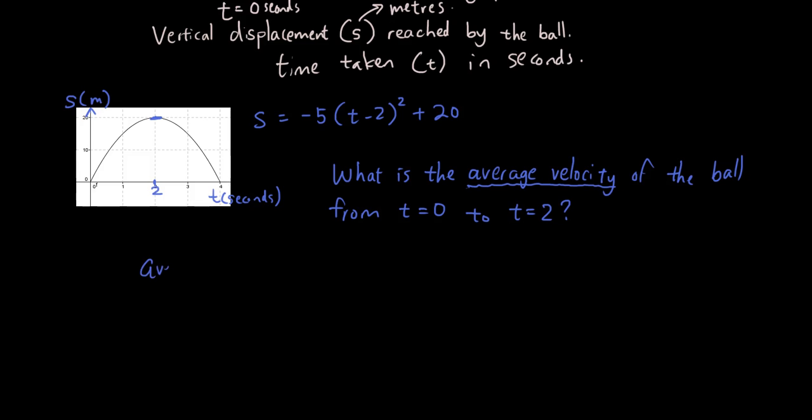So what is the average velocity? Now, average velocity refers to how fast the ball is traveling, and obviously we're looking only at the vertical displacement. How fast is the ball going upwards in the first 2 seconds?